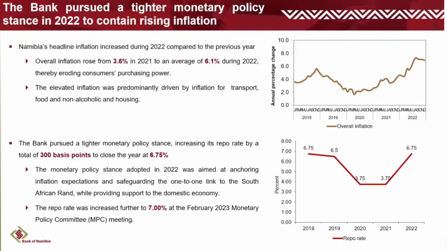The bank's Monetary Policy Committee tightened its monetary policy stepwise throughout 2022, mainly aimed at anchoring inflation expectations and safeguarding the one-to-one link to the South African rand, while providing support to the domestic economy to the extent possible. So the Bank of Namibia has increased rates by about 300 basis points in 2022.